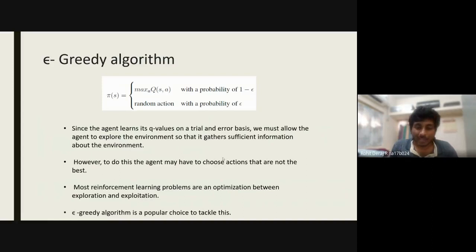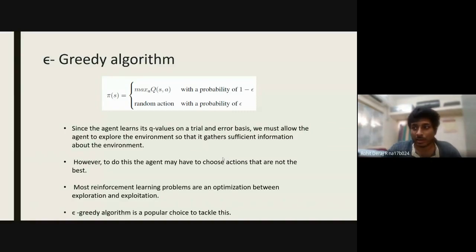So, inherently, in Q learning, the agent always chooses the action corresponding to the maximum Q value in a particular state. But for the agent to understand the environment completely, it needs to take random actions and do some exploration.